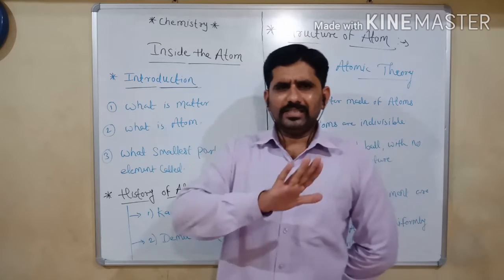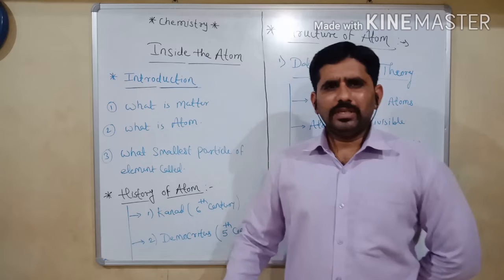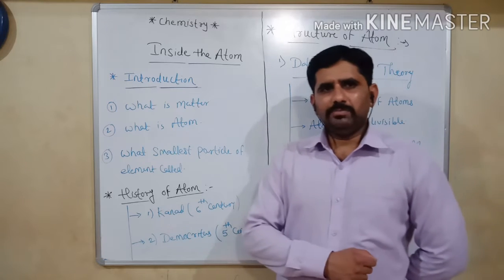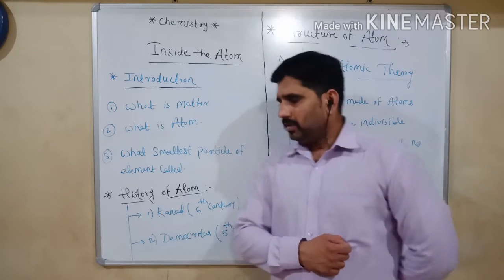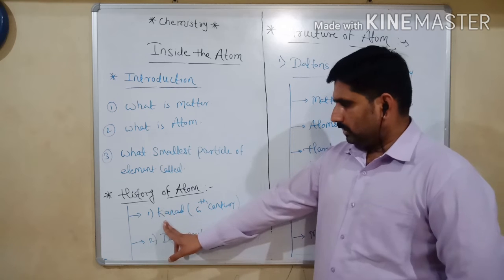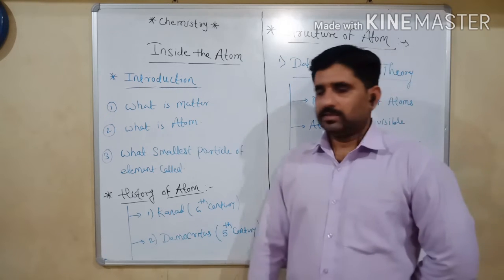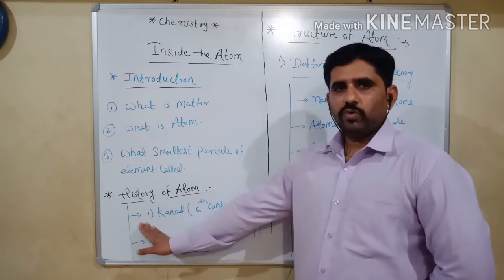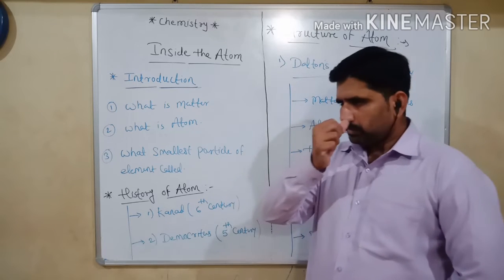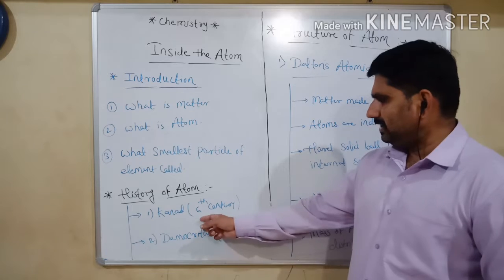But in history also there were two scientists who described the concept of the atom. They were Rishi Kanad and the philosopher Democritus. Kanad was from India. He gave his observations in the 6th century.